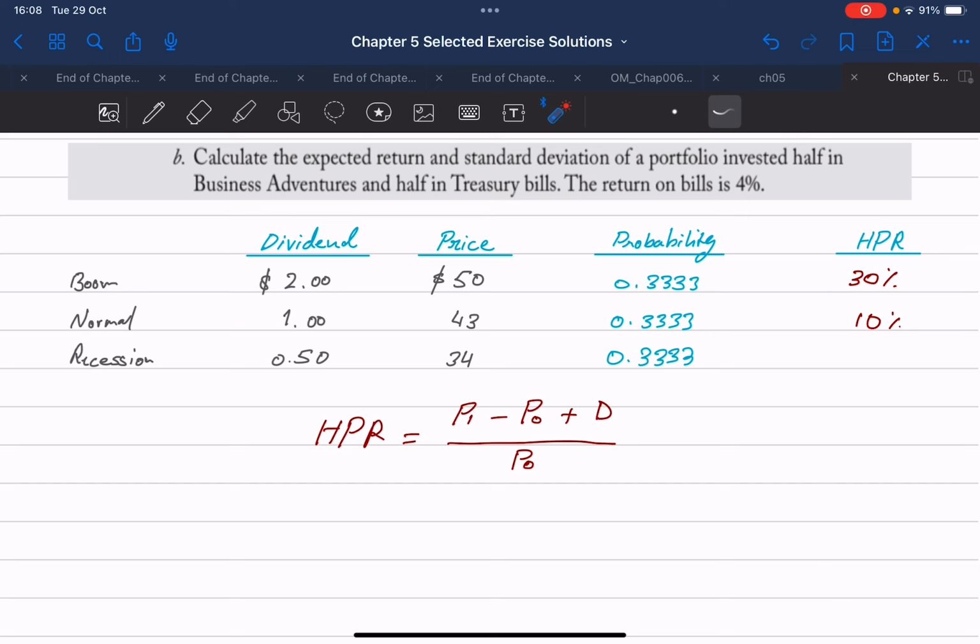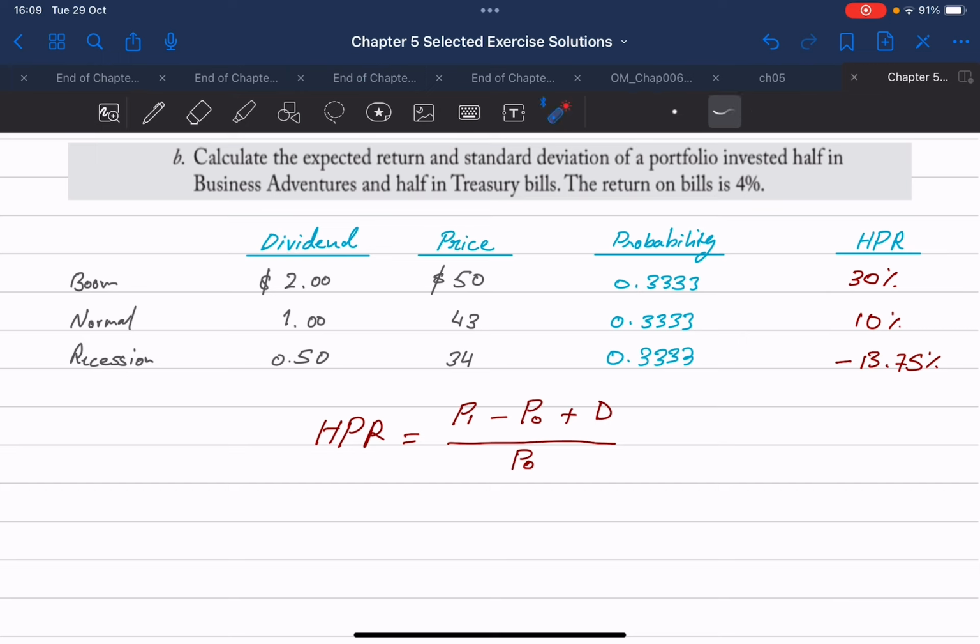So plus 0.50. That's going to give me minus 5.5. I divide that by the beginning price, which is 40, and then multiply that by 100, and I'll get minus 13.75%. All right.